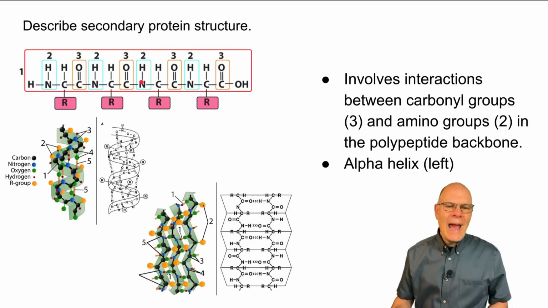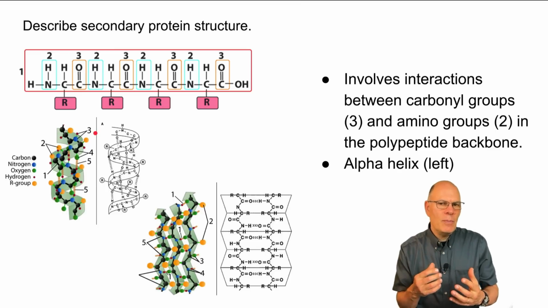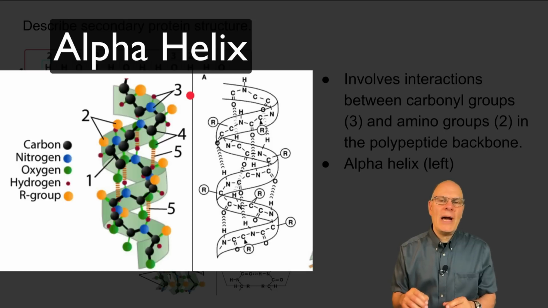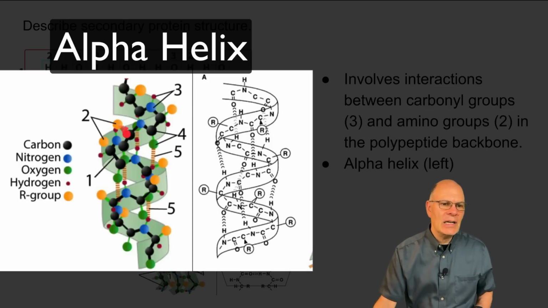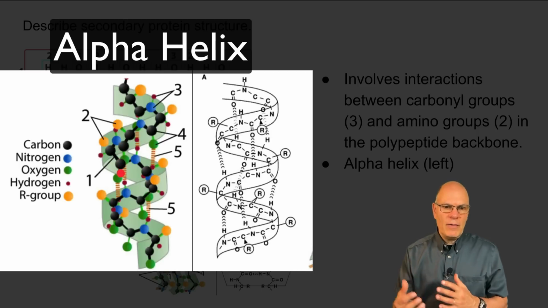Now, what happens is that interactions between these amine groups and these carbonyl groups form hydrogen bonds and they stabilize certain shapes. One of the shapes to know about is called an alpha helix, and that's kind of a corkscrew over here. So you can see that there's a hydrogen bond that's stabilizing this, hydrogen bond, hydrogen bond. So that forms that shape.